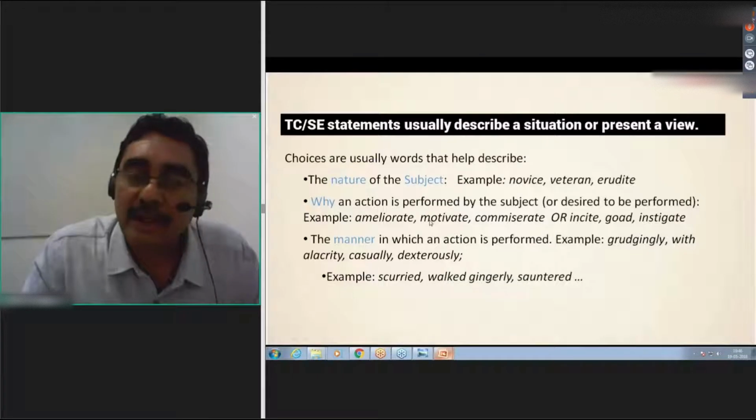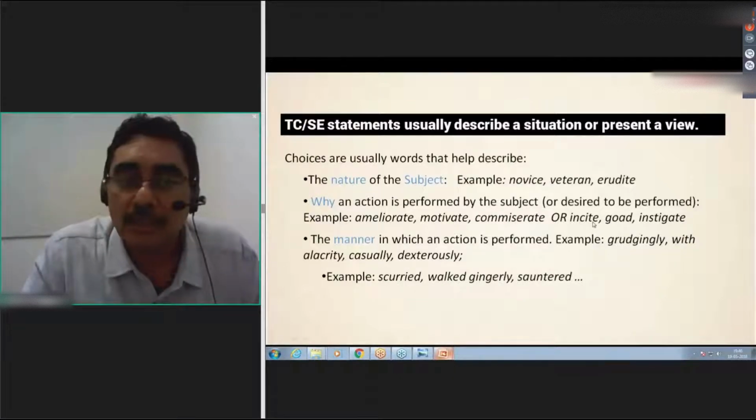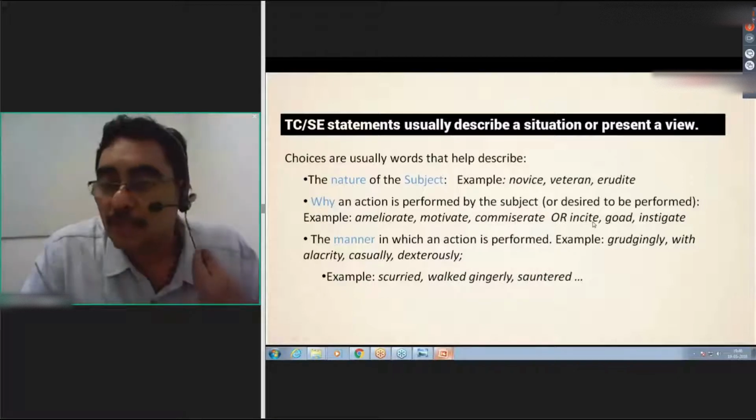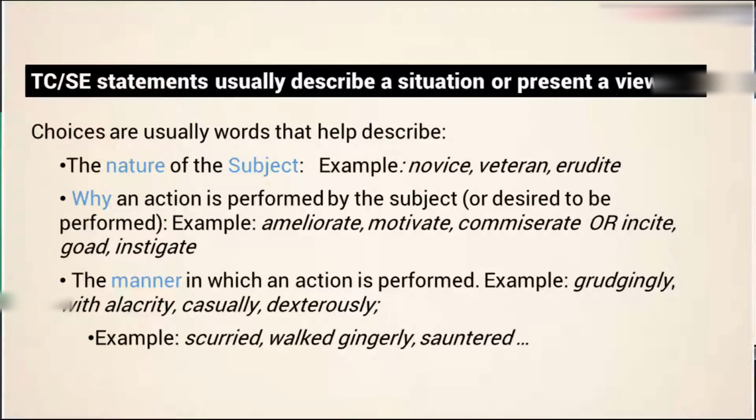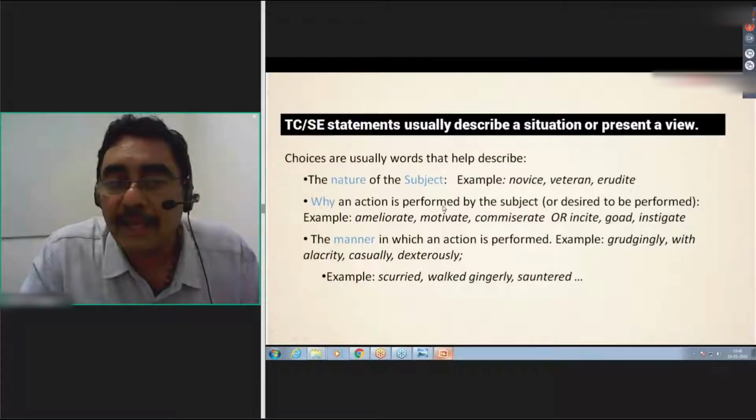Or words like motivate. It boosts somebody's enthusiasm, right? Words like this, or words like incite. To incite violence, for some political reason or whatever. So learn words which talk about why an action is being performed.